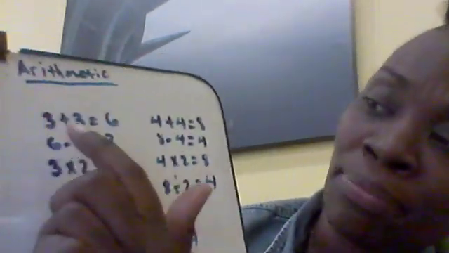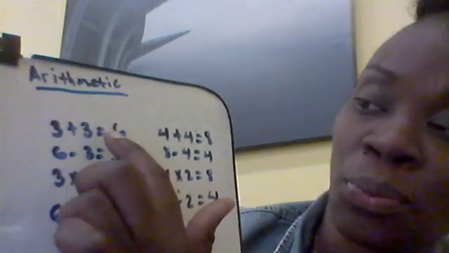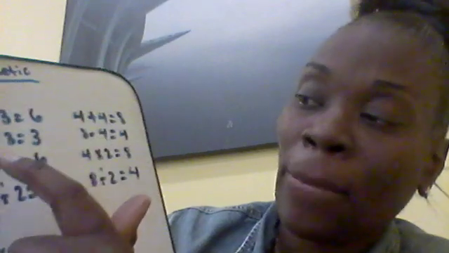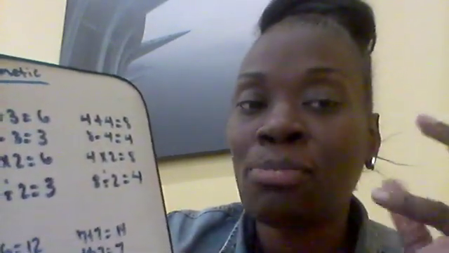So let's look at that again. 3 plus 3 is 6. How many groups of 3 did I have? 2. So now, 6 minus 3, I know 6 is made up of two 3s. If I get rid of one 3, I have one 3 left. So 6 minus 3 equals 3. I know it takes two 3s to make 6, so 3 times 2 equals 6.